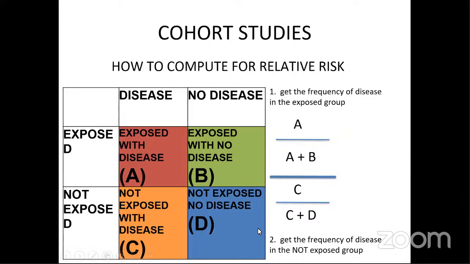And then you divide A over A plus B over C plus D. So if you have a 2x2 table, you could compute for the relative risk if you know the values of the form. So that would be equal to your relative risk.